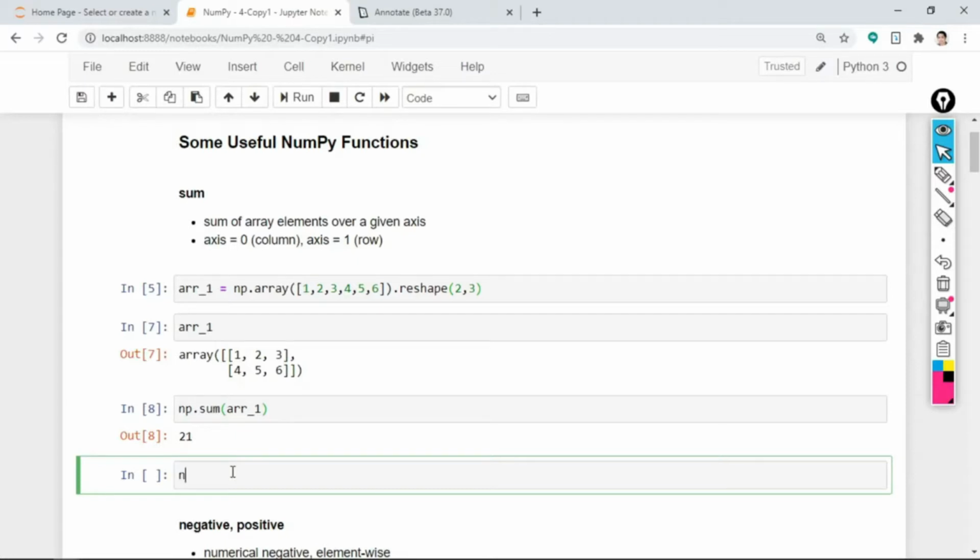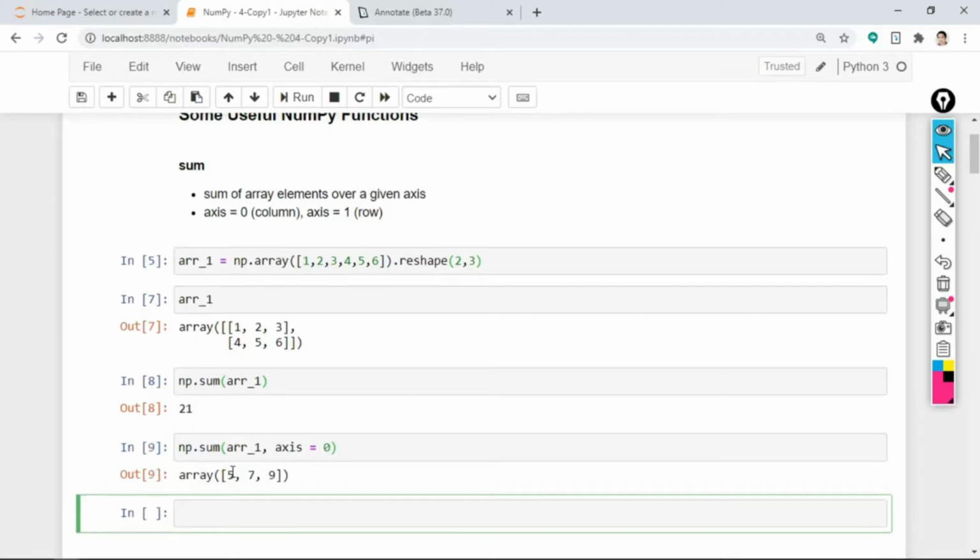So for example, we have np.sum, the same example, array1, and let's say we have axis 0. So 0 denotes a column and axis 1 denotes a row. So what will be the result of this one? The result is 5, 7, 9. So why?